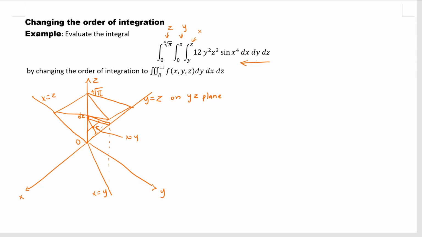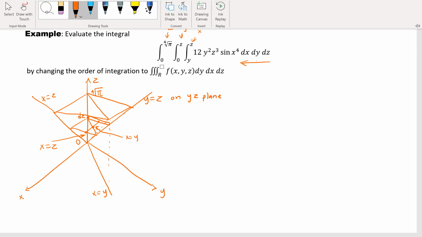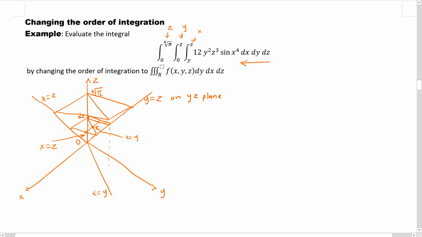So what is the region then? Well, let me draw it. The region is this piece. On this rectangle, my x is from x equals y to x equals z. So we get these pieces, and then the solid is this guy.